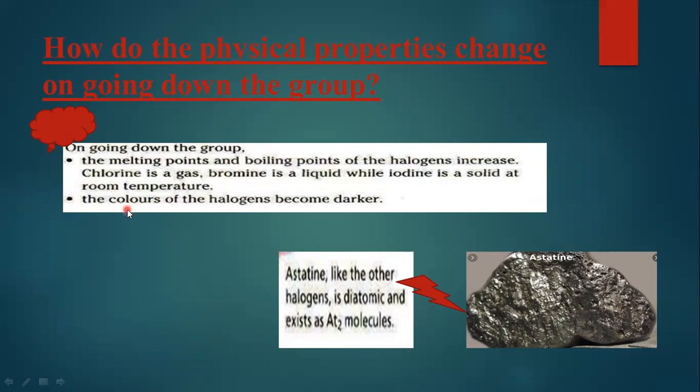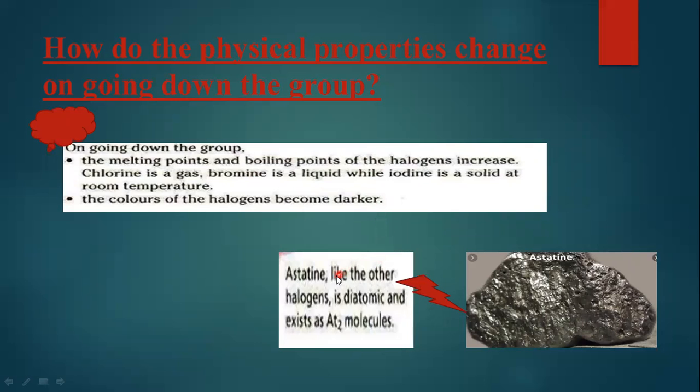Okay, and the colors of halogens become darker. So here two properties we discussed, the melting and boiling points, their values also increase. And if we talk about their colors, the colors of group 7 elements also become darker when we move from top to the bottom, or when we move from fluorine to astatine.